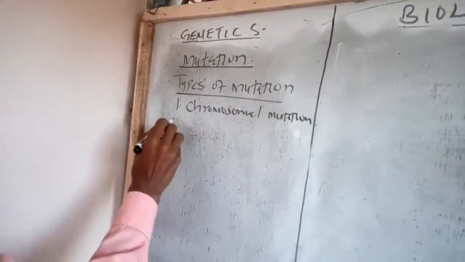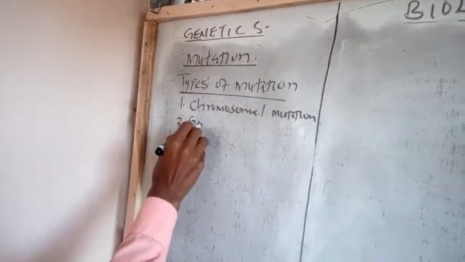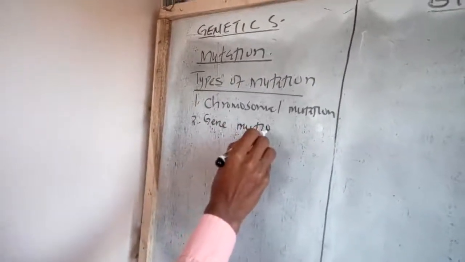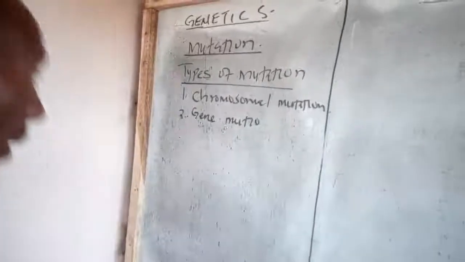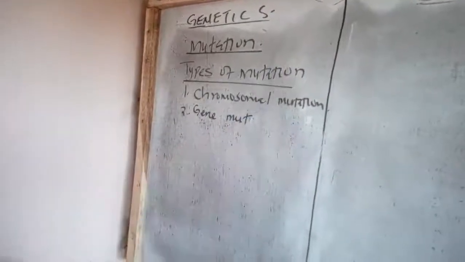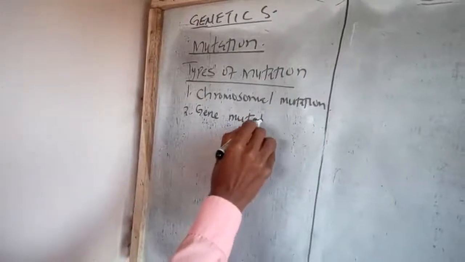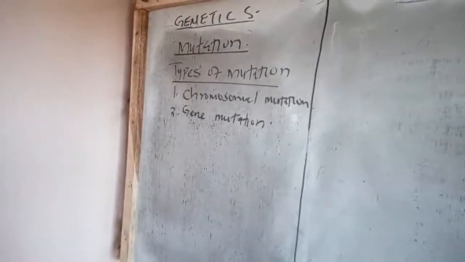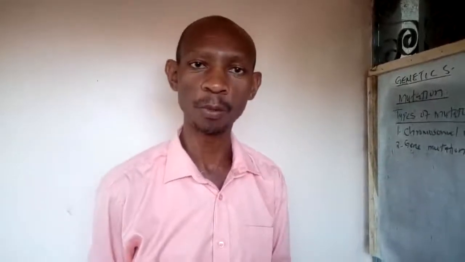And the second one, we have gene mutation. So we have two types of mutation: chromosomal mutation and gene mutation. Those are basically the two types of mutation that I'm going to cover with you in the course of this subtopic. And I'm going to start with the first one, that is chromosomal mutation.